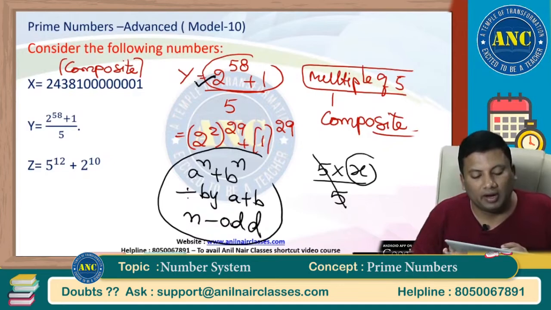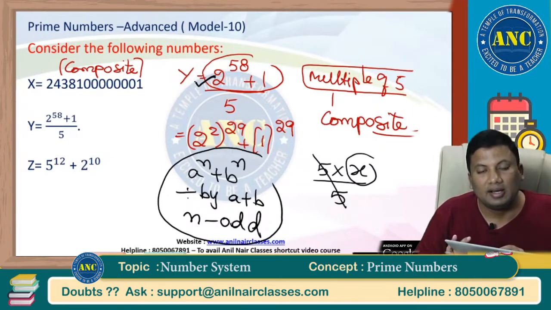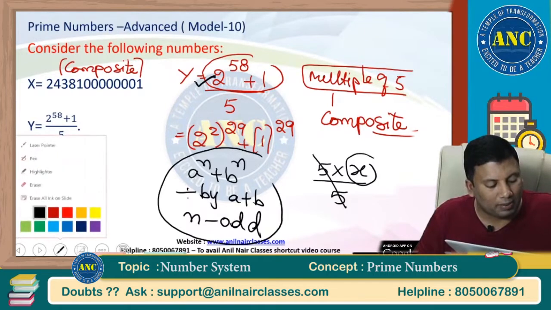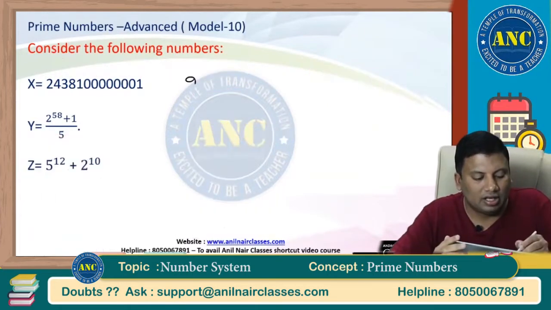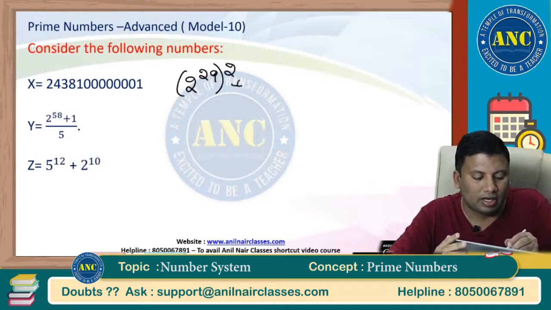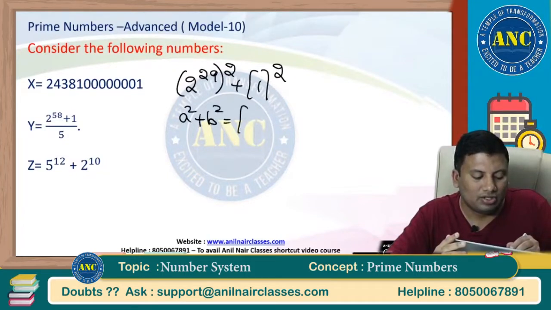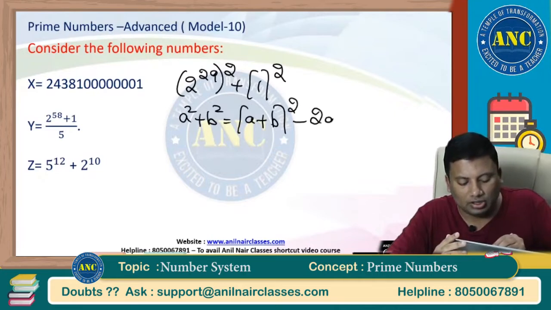Now we have to check whether x could be a prime number. If that is the question that is popping up in your mind, then this is nothing but (2 power 29) whole square plus 1 whole square. This is nothing but a square plus b square, which is (a plus b) whole square minus 2ab.